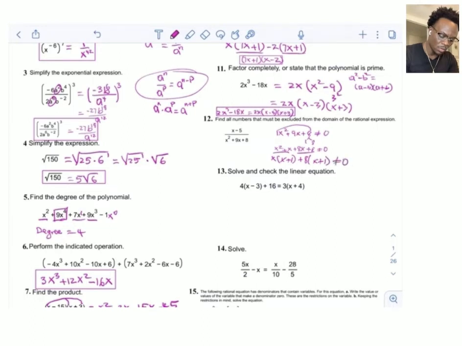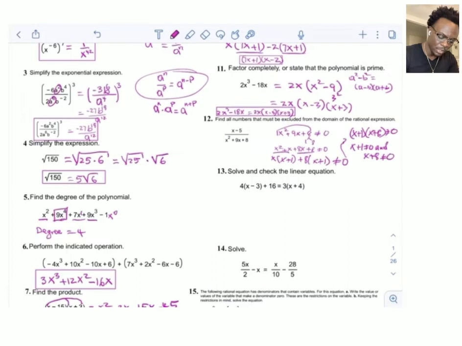not equal 0. And then we're going to refactor this expression up here. So that's x plus 1 factor x plus 8 not equal 0. So that's x plus 1 not equal 0 and x plus 8 not equal 0.